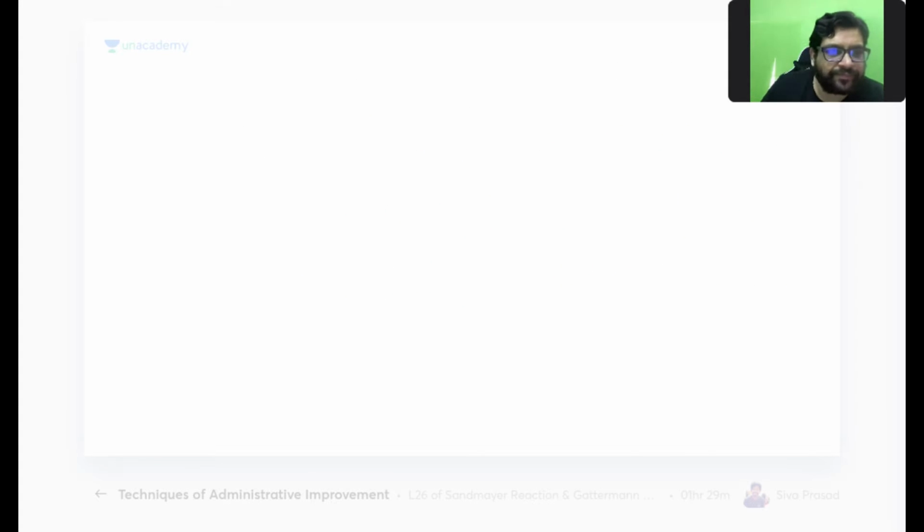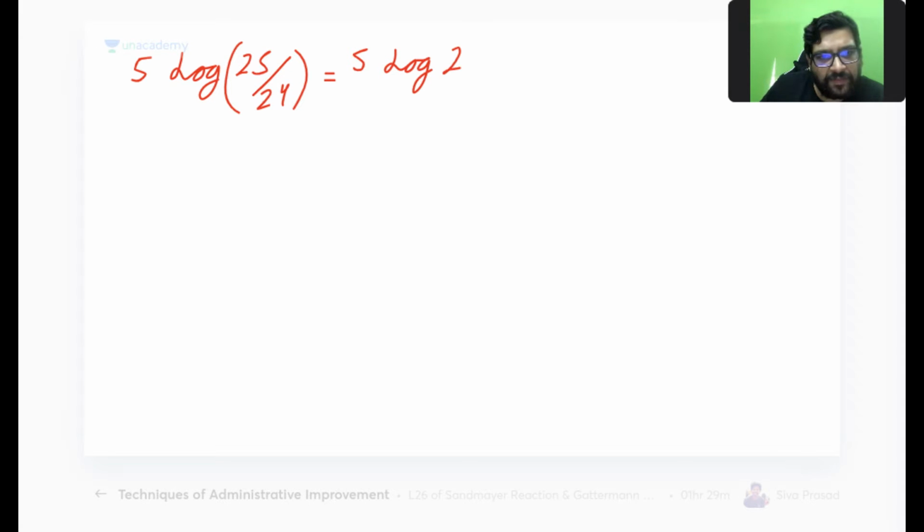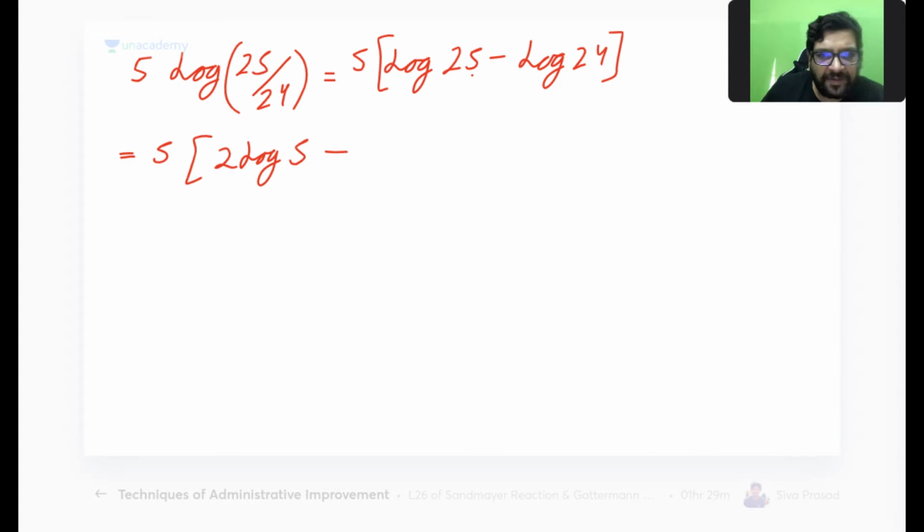The next term is 5 log 25 by 24, which is 5 times log 25 minus log 24. So this is 5 square, this is 8 into 3. So this is 5 times 2 log 5.